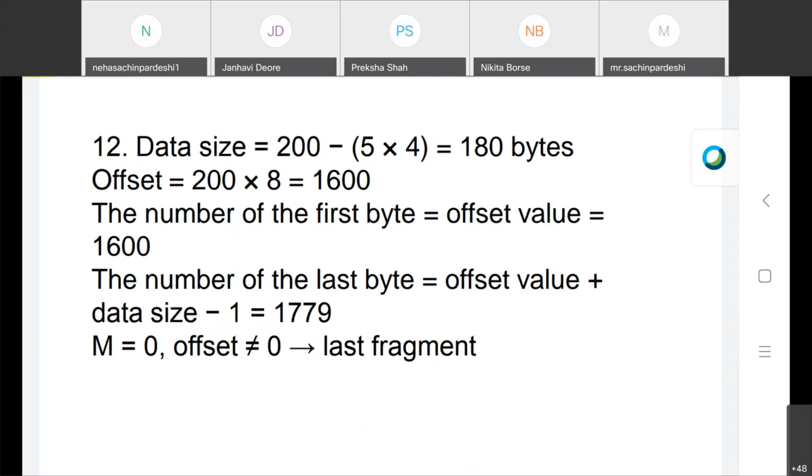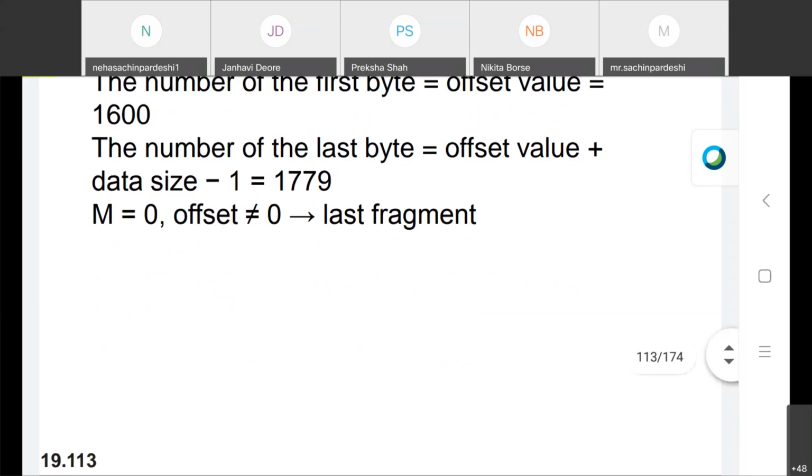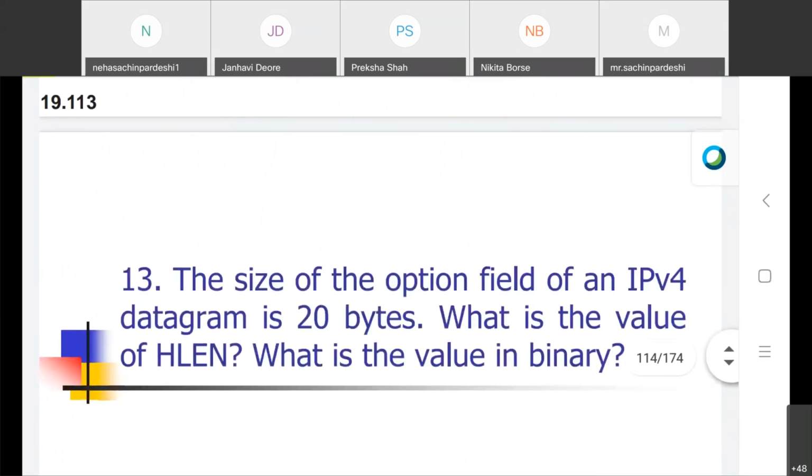The last byte is 1600 plus data size minus 1. The data size is 180, so 1600 plus 179 is 1779. M equals 0 and offset is not 0, therefore the fragment is the last fragment. So even orally you can calculate these problems, which are very simple.